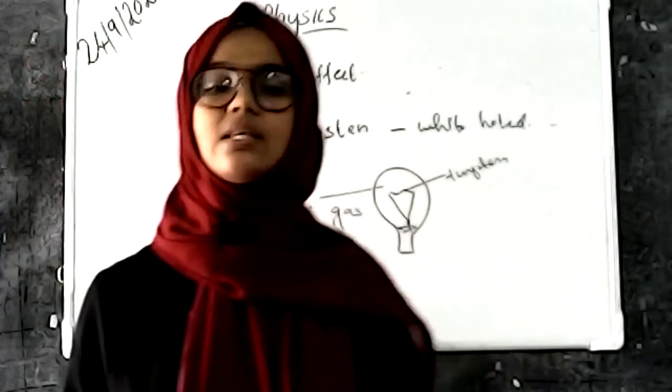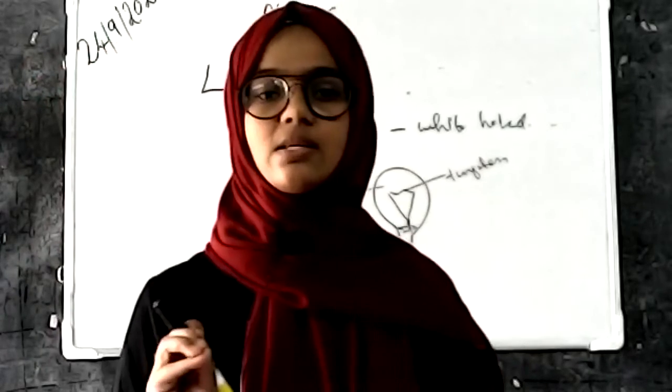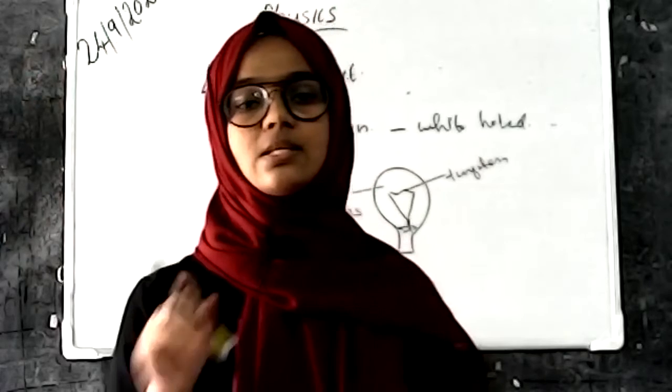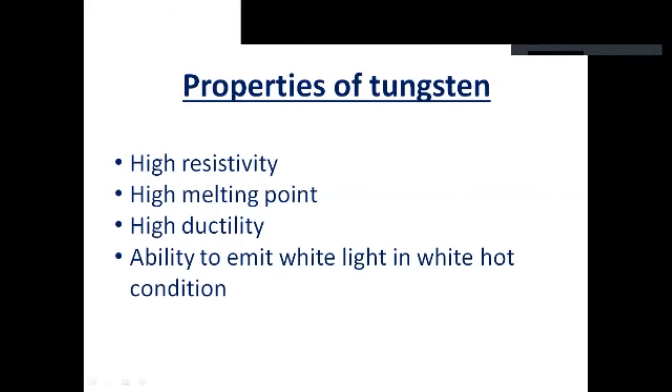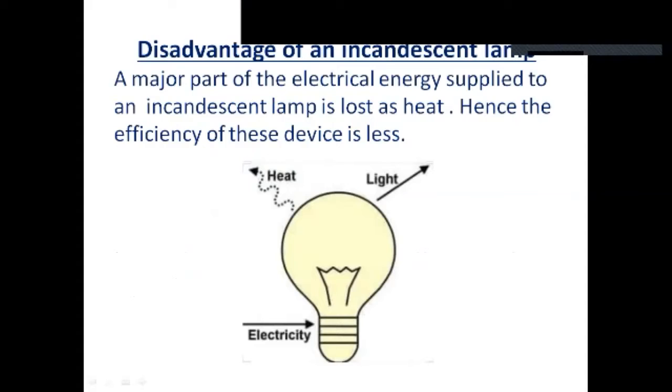What is the disadvantage of an incandescent lamp? A major part of the electrical energy supplied to an incandescent lamp is lost as heat. Hence, the efficiency of this device is less.